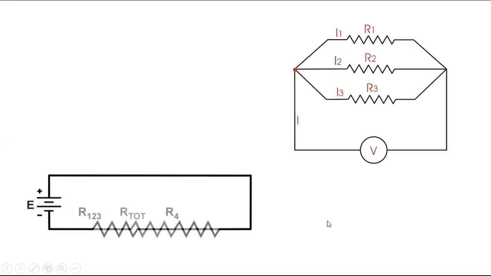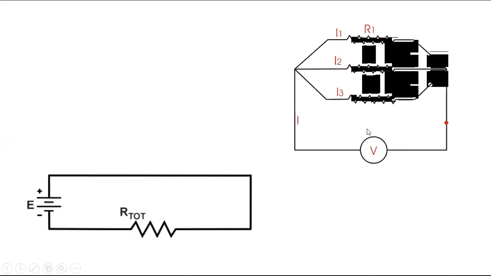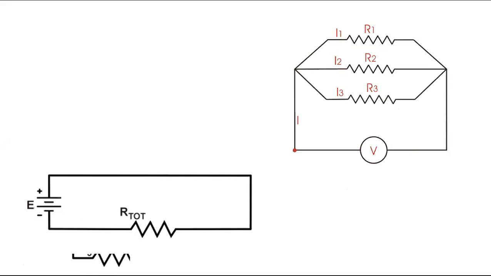Now you can see the current is dividing here, so R1, R2, R3 are connected in parallel. If the current flow divides, then resistors are connected in parallel. If the current flow is not divided and the same current is flowing, then the resistors are connected in series. Understood, all of you?